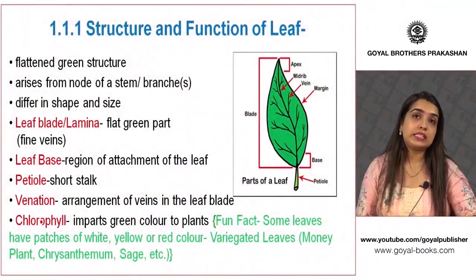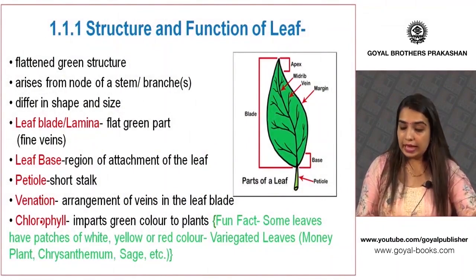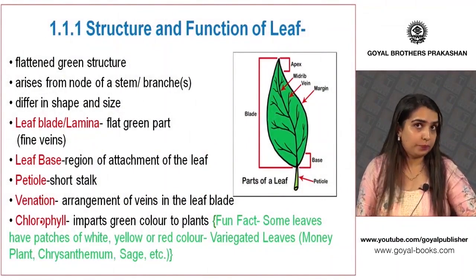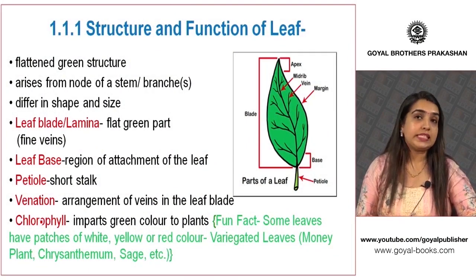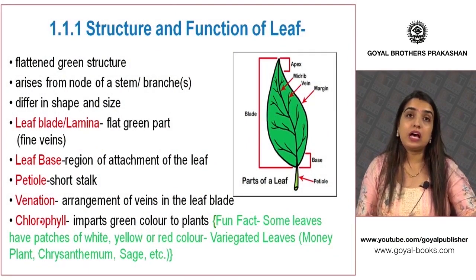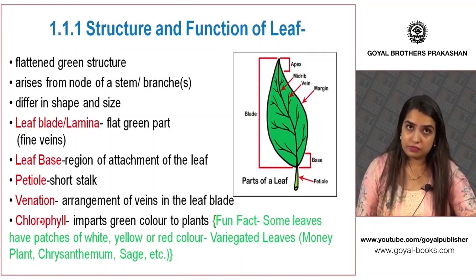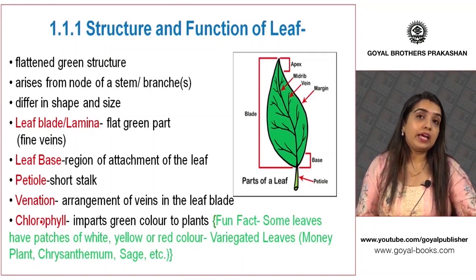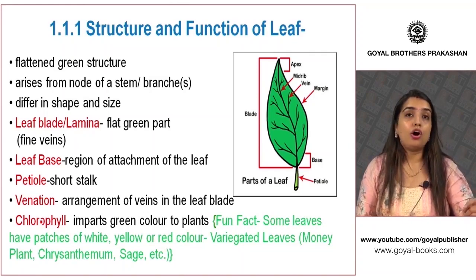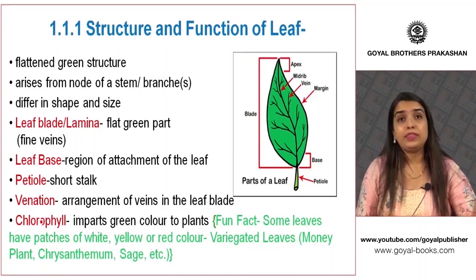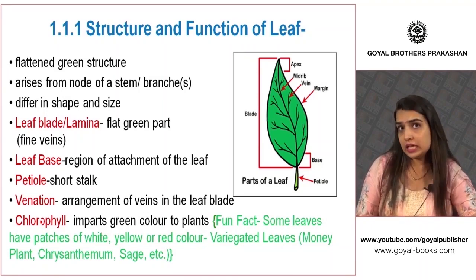I'm sure you all can see a picture of a leaf just there on the screen, and it has all the parts as well. So if we begin, we see that leaves are flattened green surfaces and they arise from a stem or a branch. They vary in shape and size.